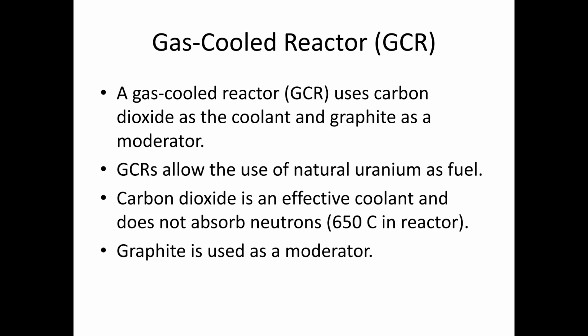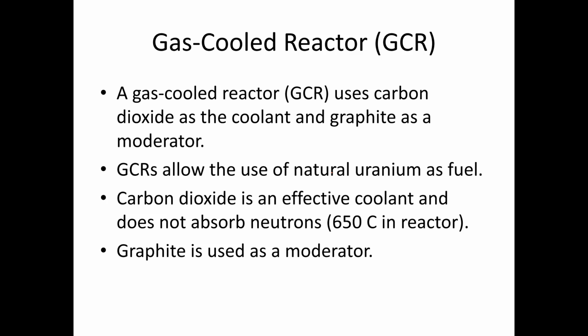Then we also have, which is the last one we're going to look at, gas-cooled reactors. A gas-cooled reactor uses carbon dioxide as a coolant and graphite as a moderator. So these gas-cooled reactors allow the use of natural uranium as a fuel.